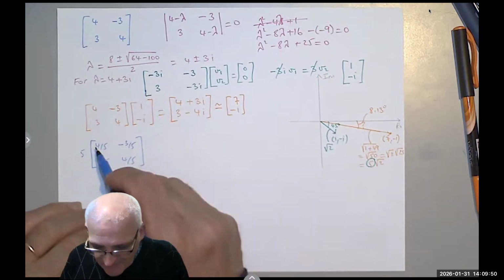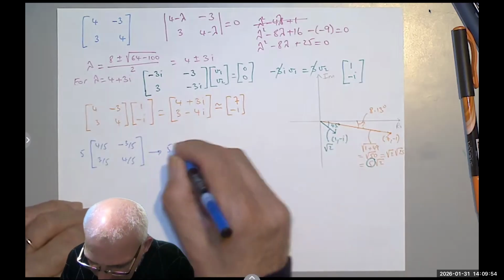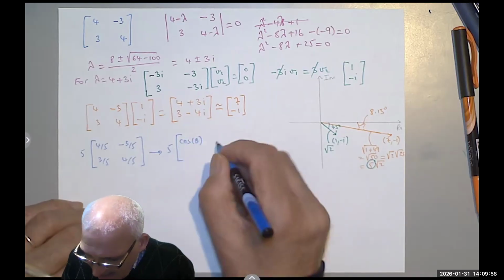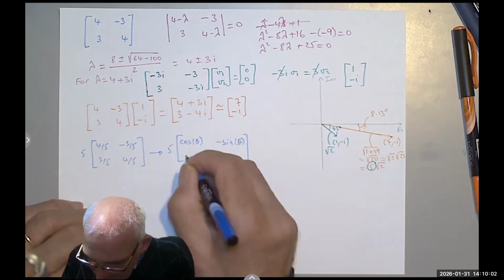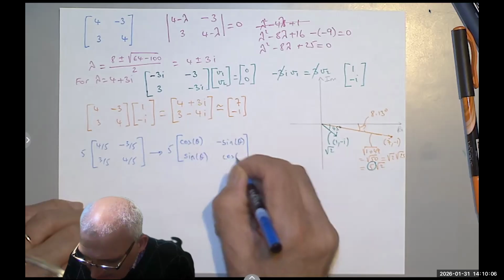When you have positive, negative, positive, positive, that becomes 5 times cos theta, negative sine theta, sine theta, cos theta.